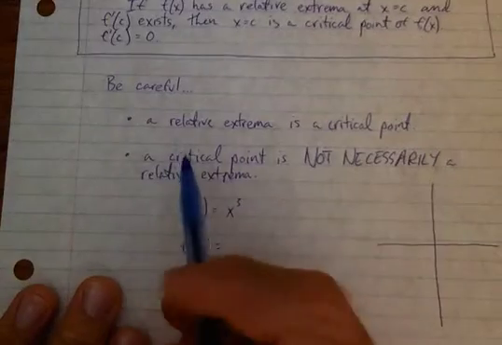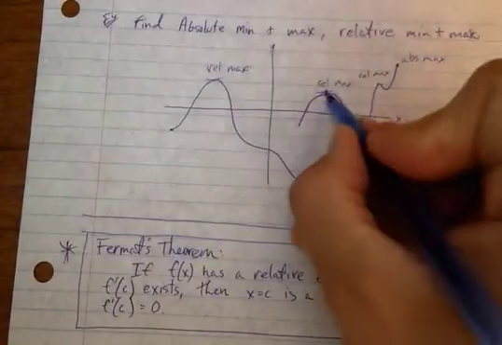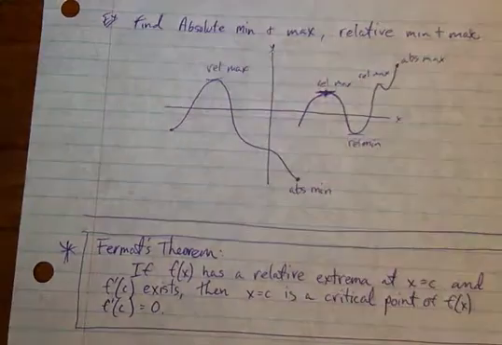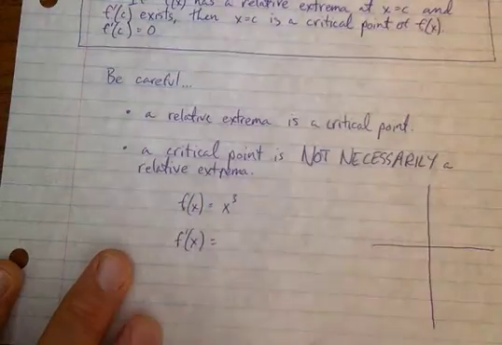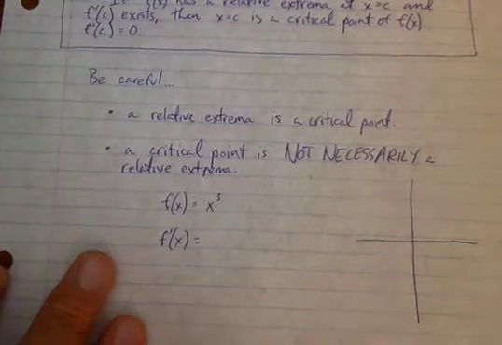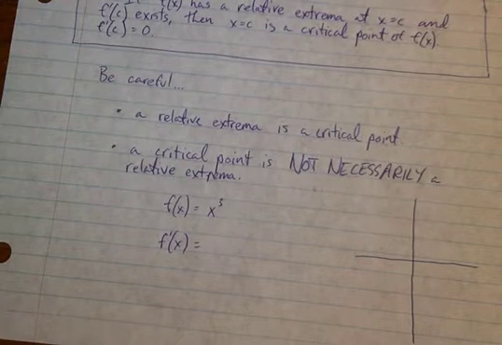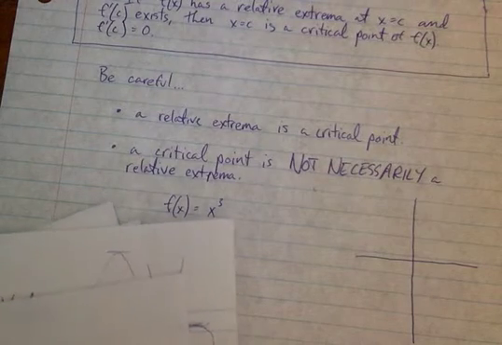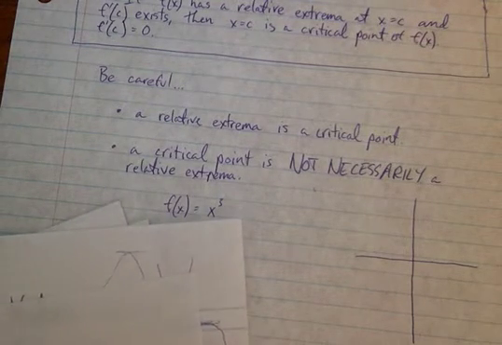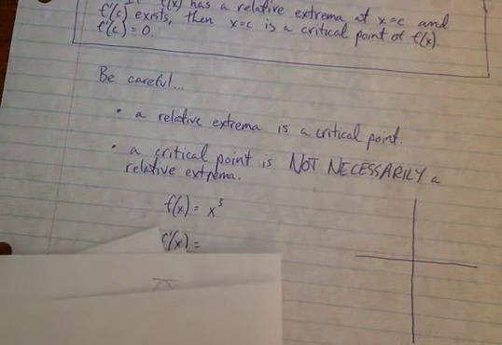But be careful. A relative extrema is a critical point. This is a relative extrema. It is a critical point. But a critical point is not necessarily a relative extrema. Do you remember earlier when we did an example and we were trying to find where something was increasing or decreasing? Let me see if I can just find it real quick, because it would be very rewarding to be able to show you.